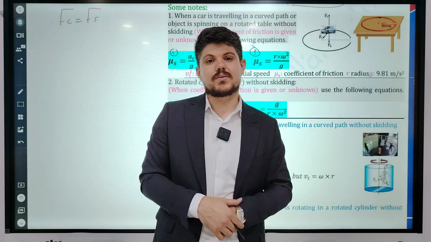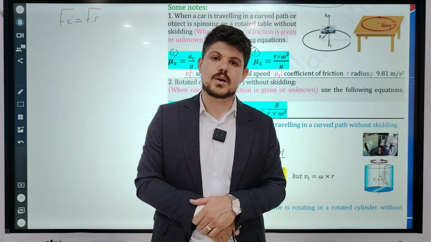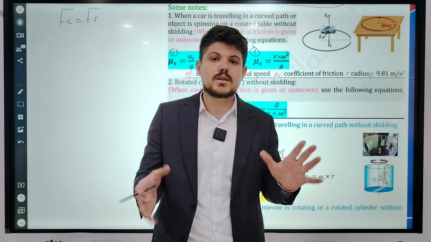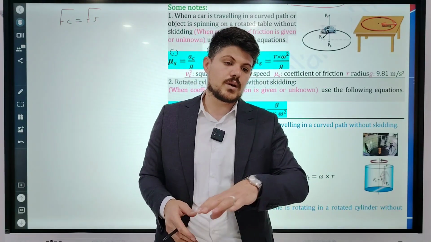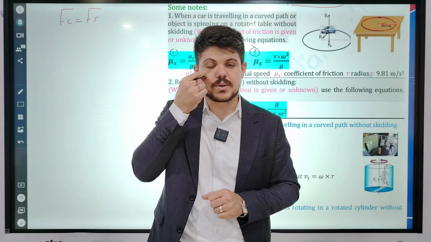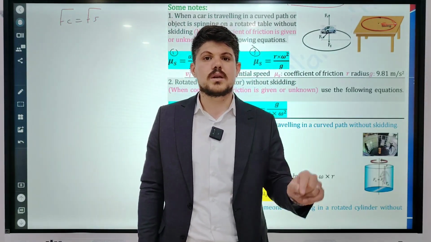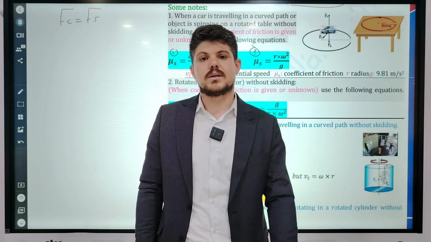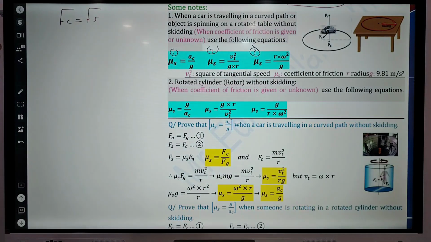Why? Because of the friction. In the absence of friction, the car or the object cannot maintain circular motion on the ground. That is why every circular motion for a car, motorcycle, or bike requires the frictional force, which is F_s.